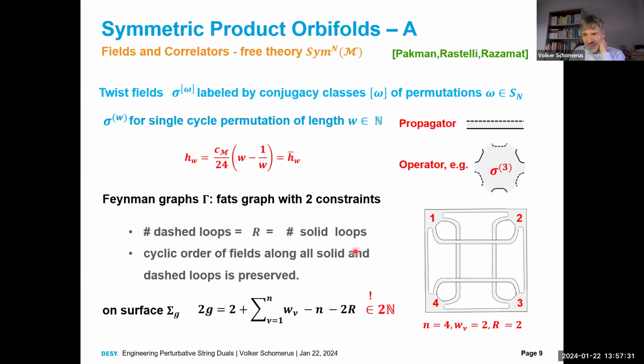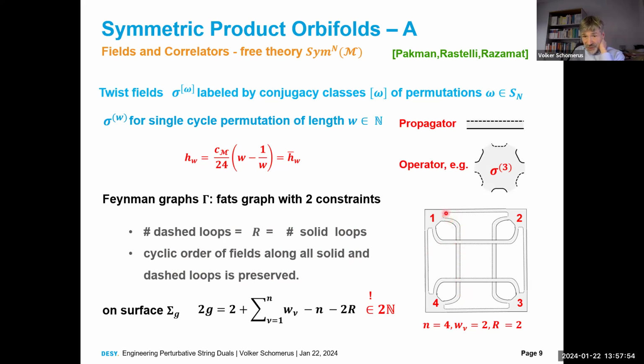So now there are some rules that are a little bit different from the gauge theory rules, but that's not so important. In this case, you have 2 types of loops, dashed loops and solid loops. The number of dashed loops and solid loops has to be the same, and there has to be some condition on the cyclic order of fields as you go along a dashed loop.